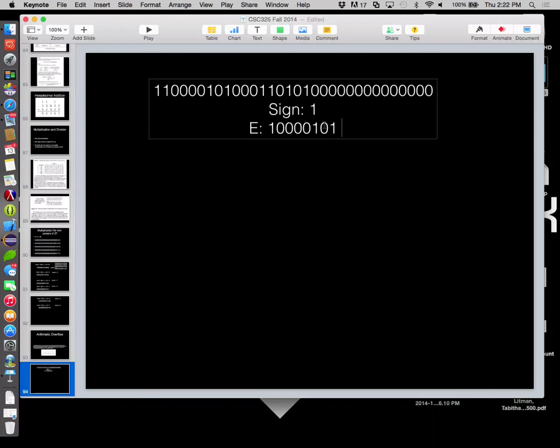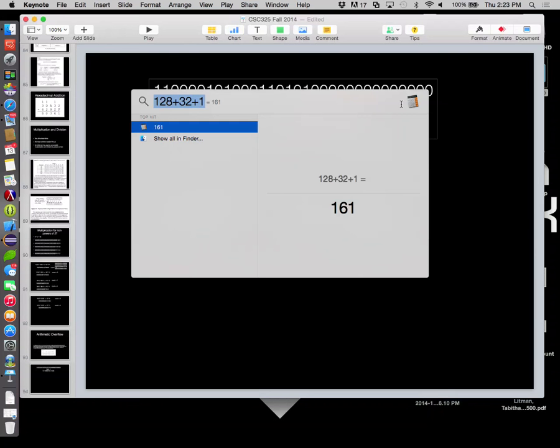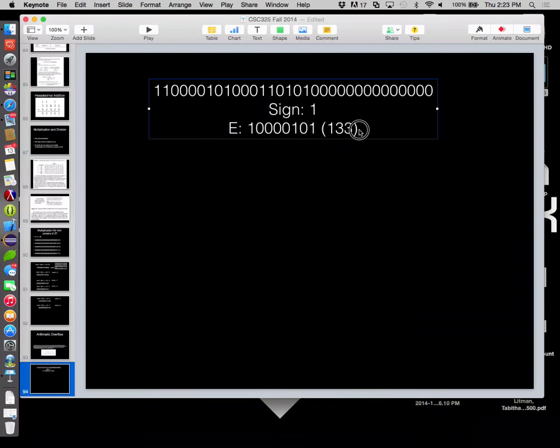This is the 1s, the 2s, the 4s, 8, 16s, 32, 64s, 128, 133. It's positive 133. So 133 minus 127 is 6. So we're going to ultimately have an exponent of 6.